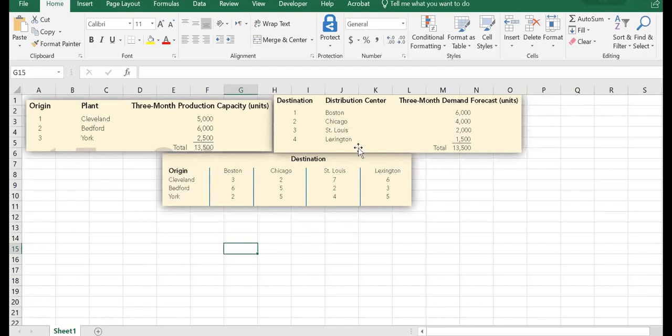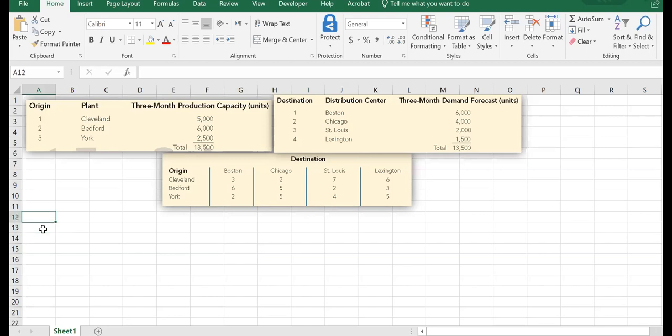So for distribution centers, we have the demand, and we also have the cost. So these are cost numbers. What I'm going to do is write down these parameters, and then we go ahead and create the decision variables and objective function, and we solve the model.